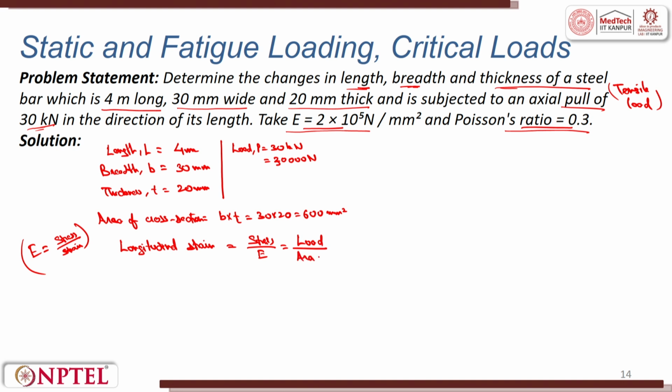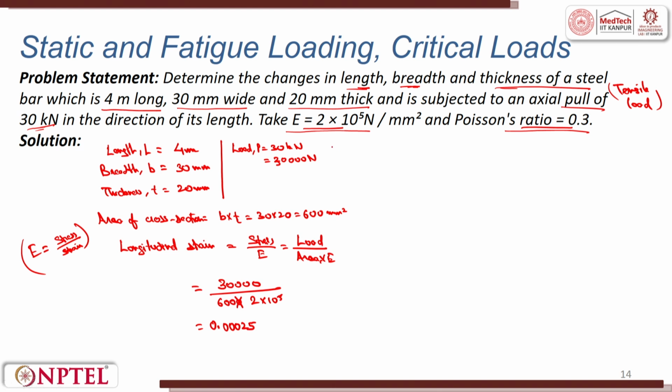So, I will put load by area into E. These values are given: load is 30,000, area we have just calculated as 600, and the value of E is 2 into 10 raised to the power 5. This gives me the value of the longitudinal strain as 0.00025. This becomes our starting point. We have gotten the value of longitudinal strain.